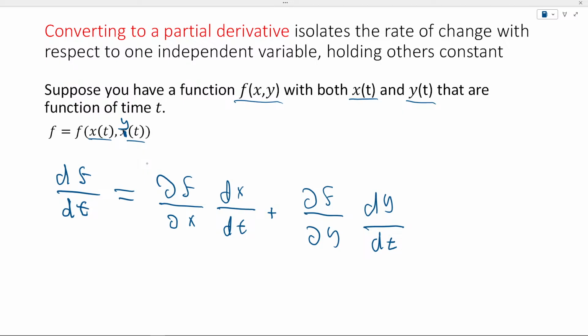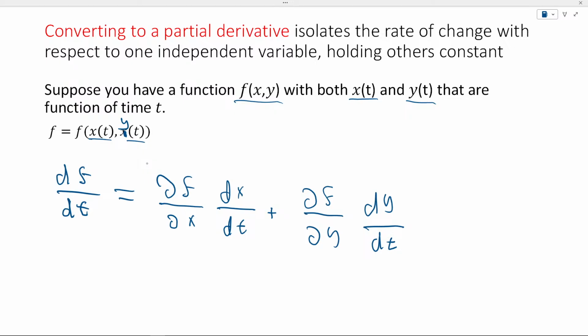Again, what we are seeing here is basically just the chain rule, because this cancels with this, and then I will get partial f with respect to t. If I cancel this with this, I'll get partial f with dt and partial f with dt.